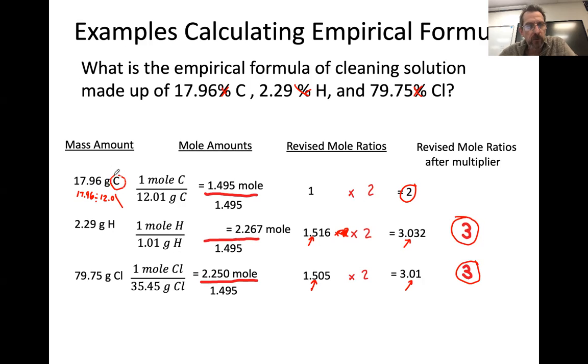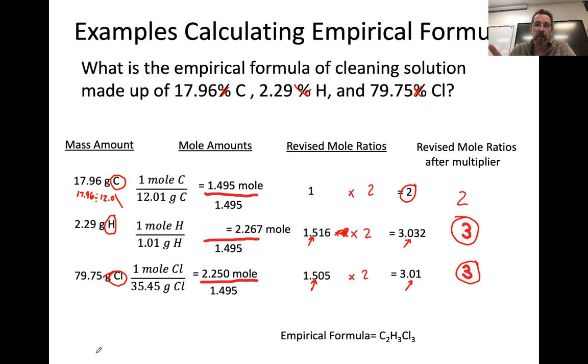Carbon, I would need 2. Hydrogen, I would need 3. Chlorine, I would need 3. And our empirical formula is going to look like C2H3Cl3.